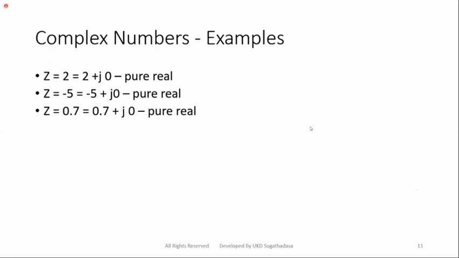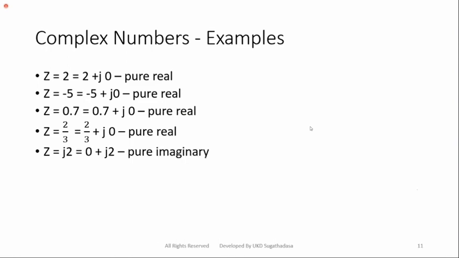Even a decimal number is a complex number: 0.7 plus J0, pure real again. Another pure real one, a fraction, 2 by 3, is 2 by 3 plus J0. Now you see the pure imaginary number, J2. J2 means A is 0, B is 2, in A plus JB. So now you can understand any number can be converted to a complex number.